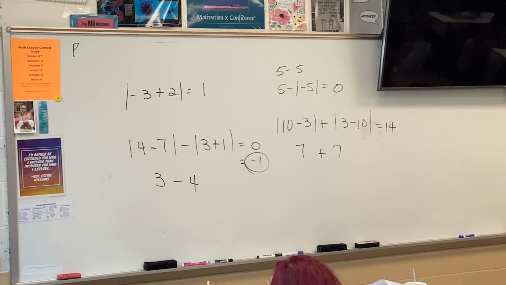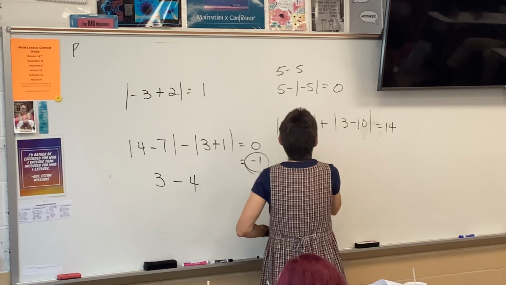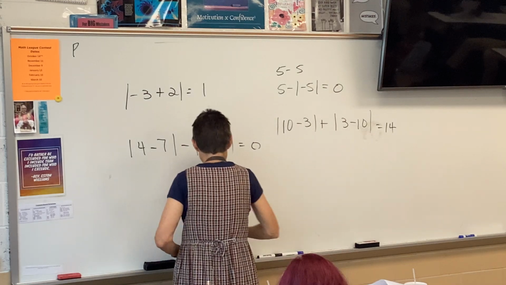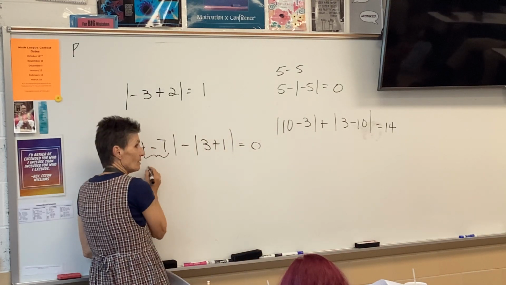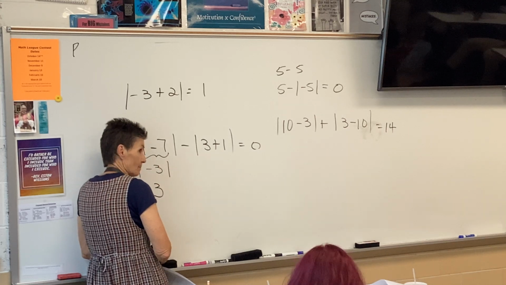Is there a problem B? No, because there's a minus in there. You add 3 and 1 and 4. So then it becomes minus 4. You only have one subtraction. So this right here, our negative absolute values.